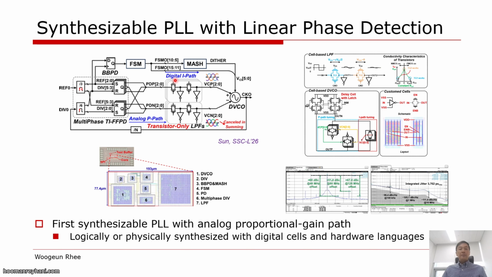Finally, this kind of architecture is useful to realize a fully synthesizable PLL with linear phase detection. This is the first synthesizable PLL with an analog proportional gain path, which is physically synthesized with digital cells and hardware description languages.